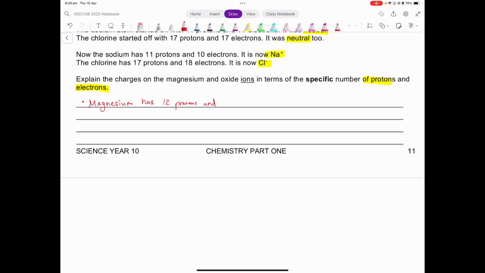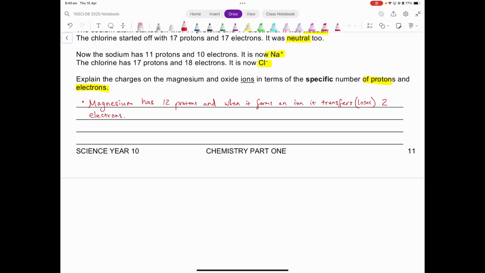And when it forms an ion, it transfers how many electrons? How many does it give away? 2. Great. So I'm going to write next to transfers, it loses 2 electrons.